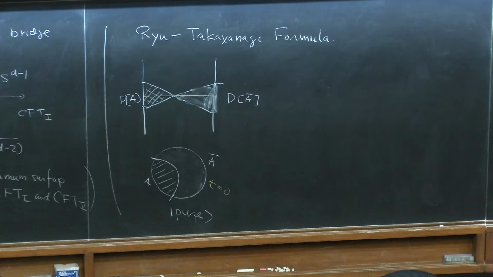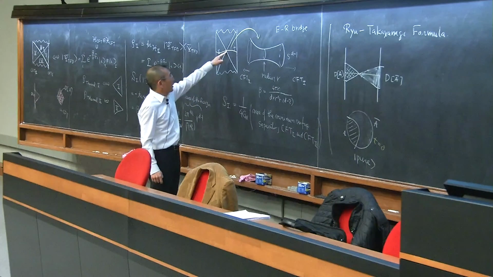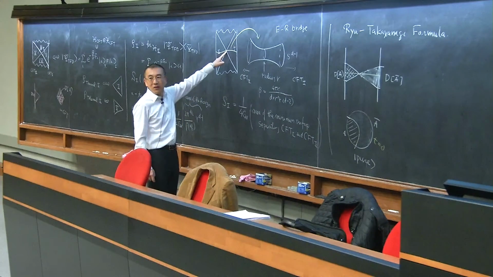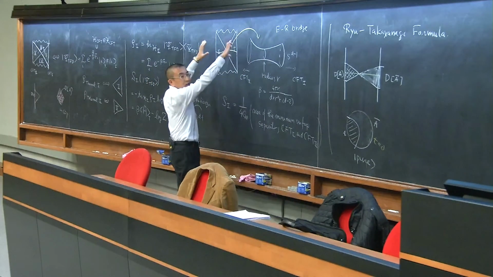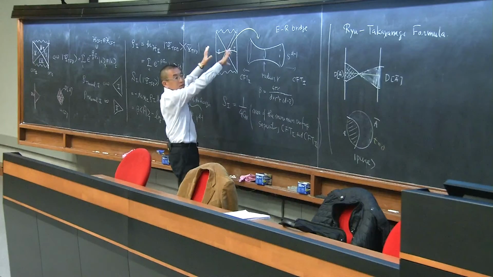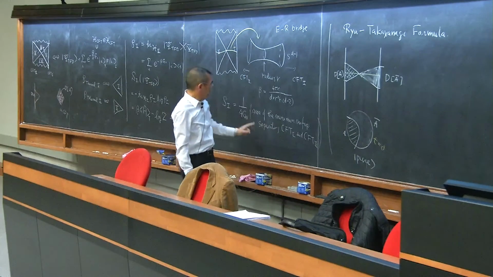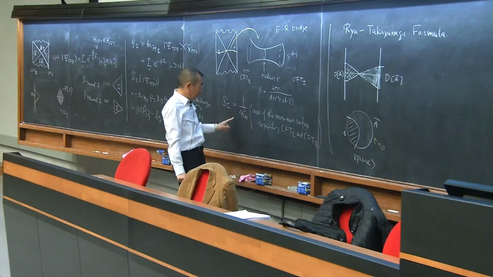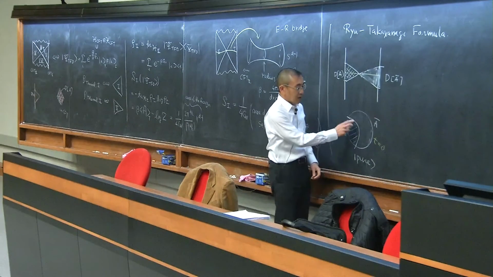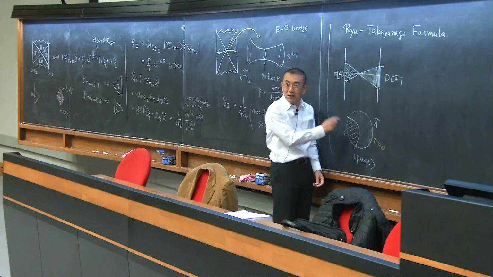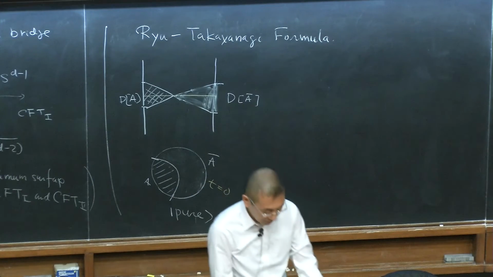So if you compare these two pictures, this suggests that just like the size of the Einstein-Rosen bridge, connecting the two causally disconnected but entangled regions, gives you the entanglement entropy, it is natural to expect that the area of this gives you the entanglement.